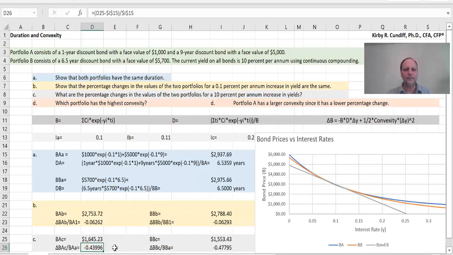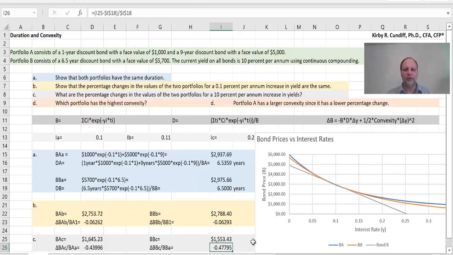We will do the same calculation over here for the second bond, bond B. Bond B, again, has a face value of 5,700. It's a zero coupon bond maturing in 6.5 years, and we are now discounting it at 20%, and we get the new price of bond B of 1,553.43.